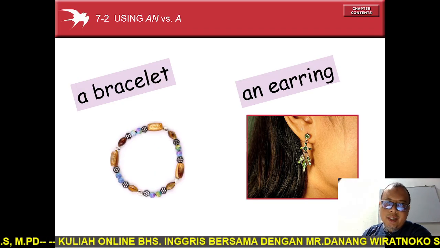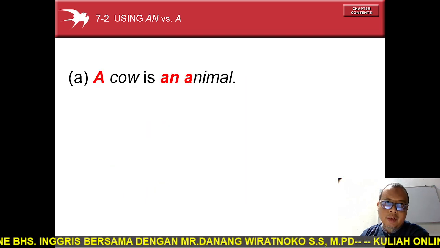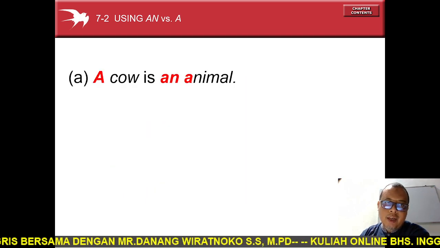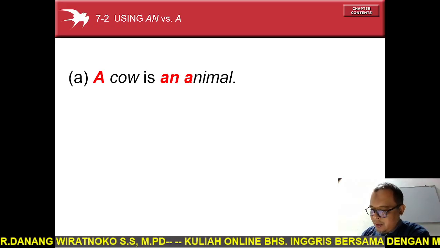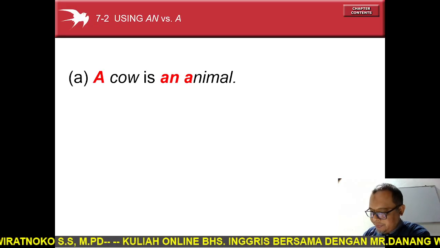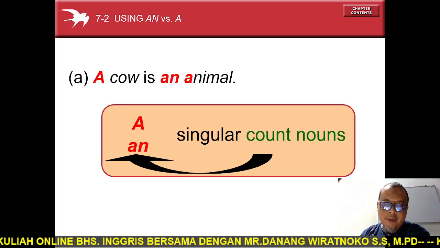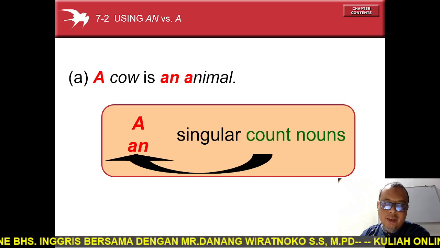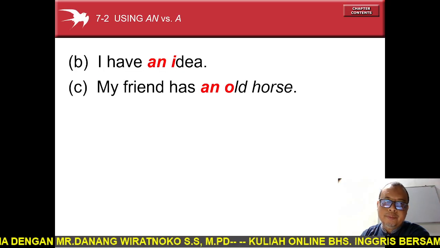Okay, we have a bracelet and an earring. A cow is an animal. Okay, a cow is an animal. That is a singular, countable noun. We can use an if it's a countable noun and it's singular.